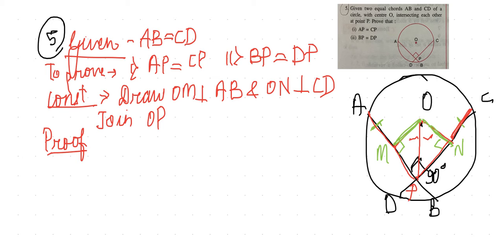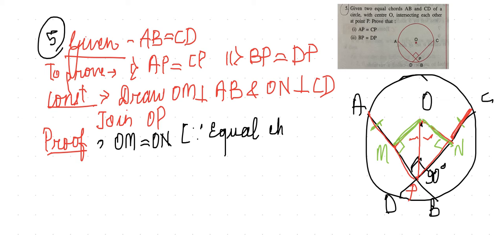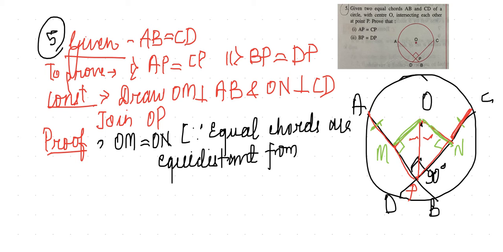So how are you going to start the proof? First you will be writing that OM is equal to ON. Then what you will be writing? Since equal chords are equidistant from the center.